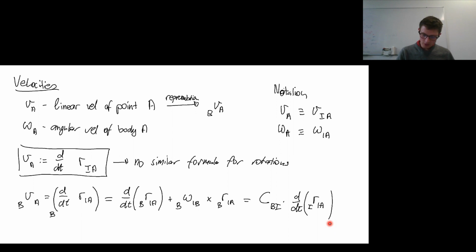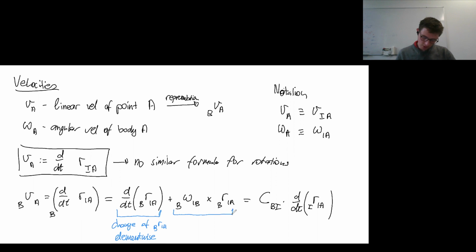And to make this a little clearer in terms of explanations, this first part here is the change of r_IA in B element-wise. This is what we would anyways intuitively do.